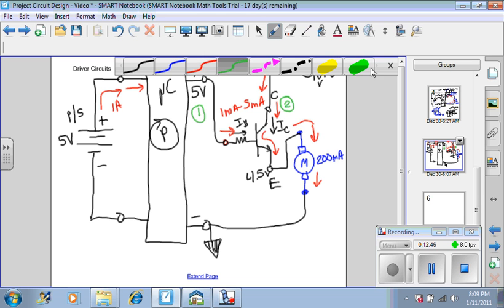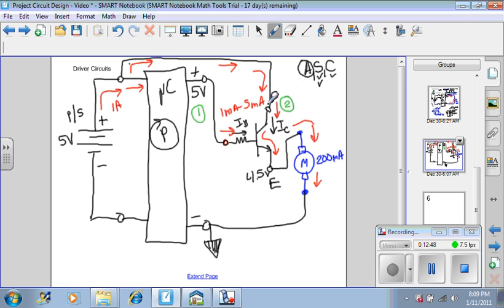Now if you think about this path, you can see that it doesn't matter whether I put the motor on the emitter side or whether I put the motor on the collector side, because once again it's just the same continuous path from 5 volts to ground, and you still have the same principle of a power supply driving a load.